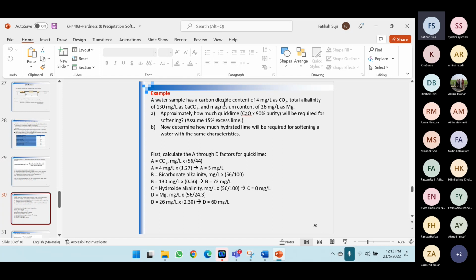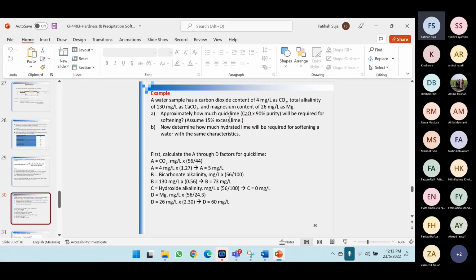A water sample has a carbon dioxide content of 4 milligram per liter as carbon dioxide, total alkalinity of 130 milligram per liter as calcium carbonate, and magnesium content of 26 milligram per liter as magnesium. Usually when you design your water treatment plant, you need to spell out the amount of any water softeners that you use, the amount that you need for your amount of water.